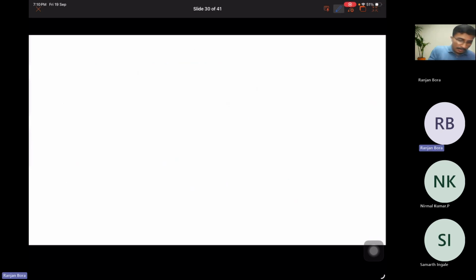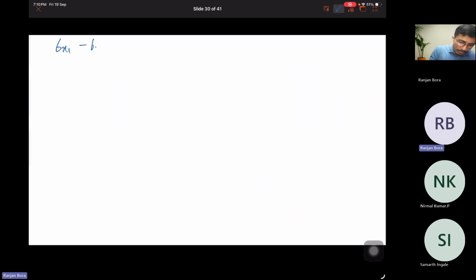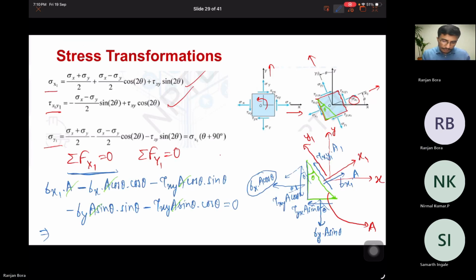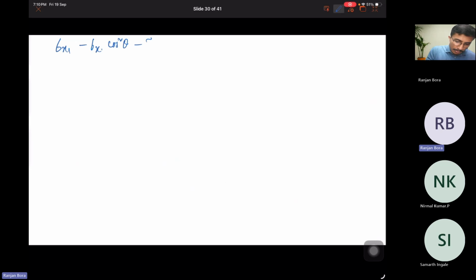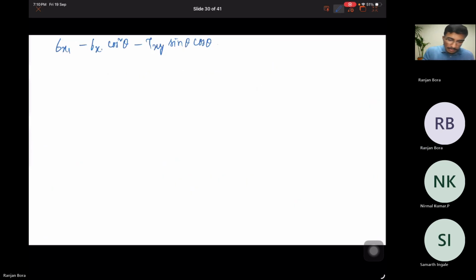I'm writing here sigma x1 minus sigma x cos square theta, and minus tau xy sin theta cos theta, minus sigma y sin square theta.